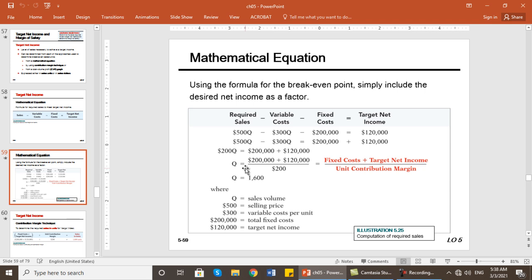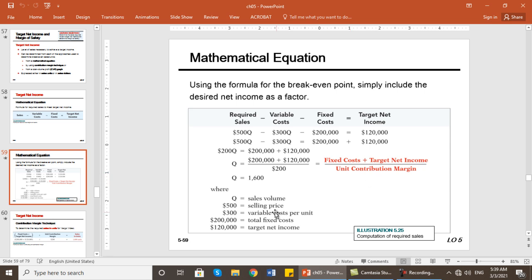We can also find Q using this equation: fixed cost plus target net income divided by unit contribution margin. Quantity equals fixed cost 200,000 plus target net income 120,000 divided by unit contribution margin 200.